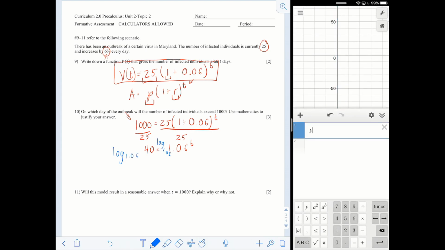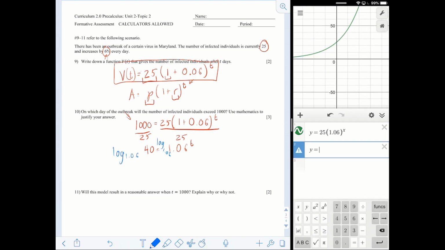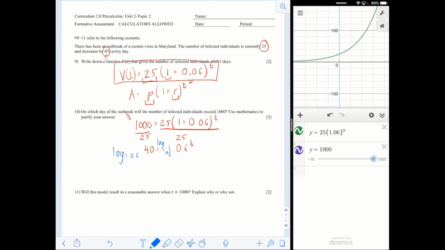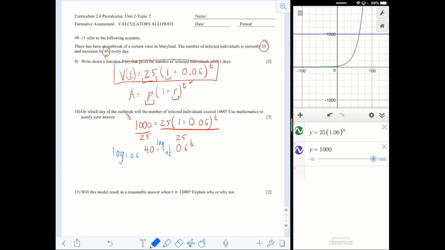So I'm going to write this as y equals 25 times parentheses 1.06 raised to the x power. So there's my nice little graph, and I'm going to write y is equal to 1,000. All right, let's take a look at the graph. Yet again, keep in mind this is supposed to be 1,000, so you're going to adjust the window to some values.